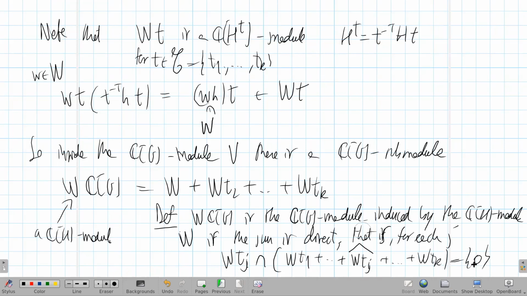When there are just two components in a direct sum, you simply say that the intersection of one with the other is 0. When there are more, you have to claim that for each j, each component intersects the sum of the others trivially. So the hat means omitted. So when the sum is direct, we say that CG is the CG module induced by the CH module W.